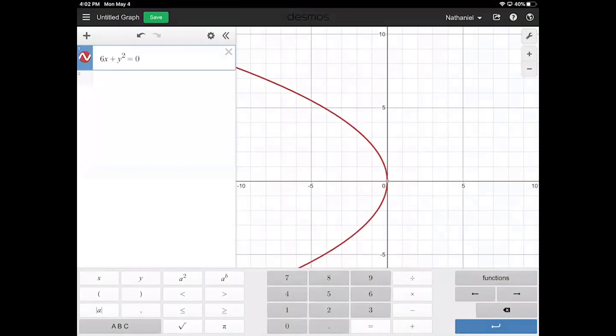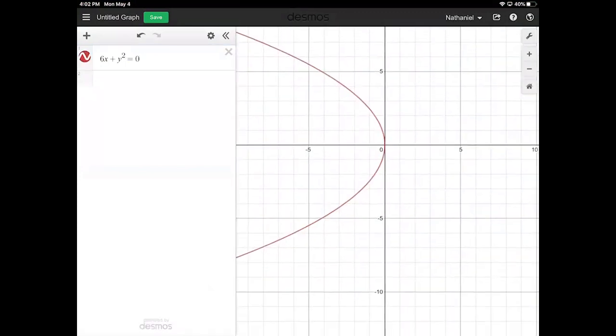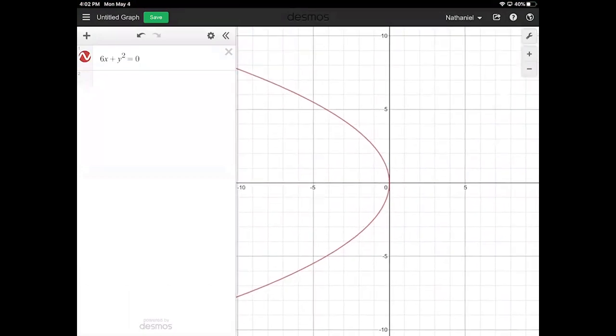And what do you know? There we have it. The beauty of Desmos and GeoGebra and these other utilities is that they handle what are called implicit graphs very easily. You don't have to be able to write a graph as a function. The calculators are pickier about having graphs entered as functions. The web-based utilities are way happier to see things like 6x plus y squared.